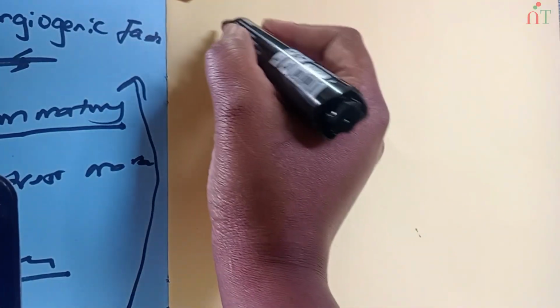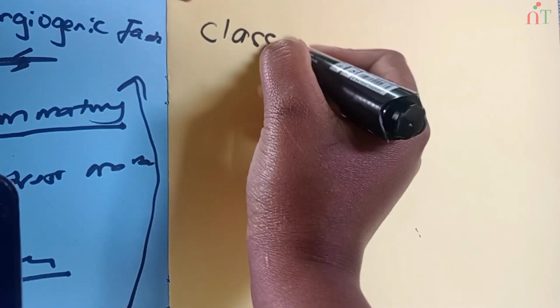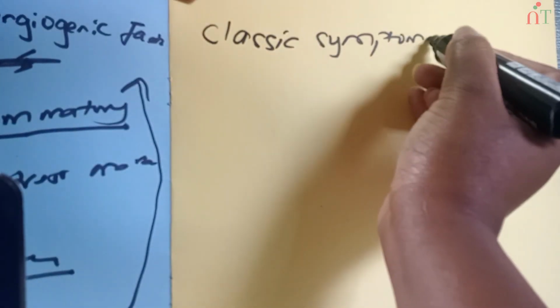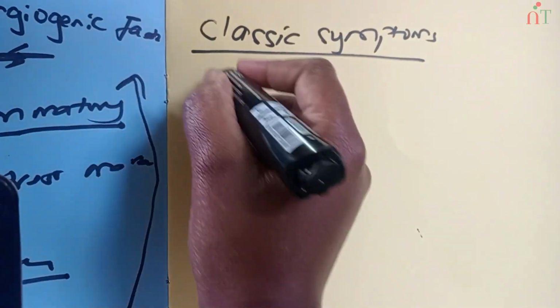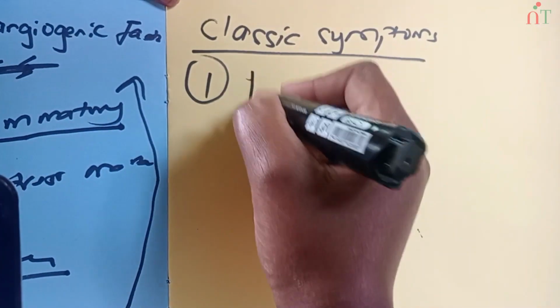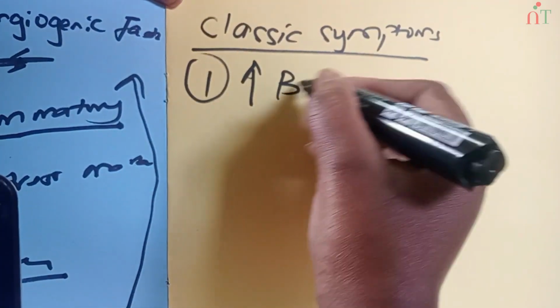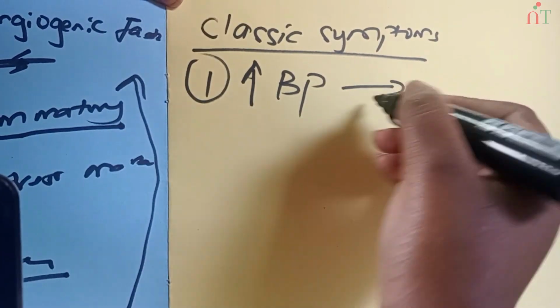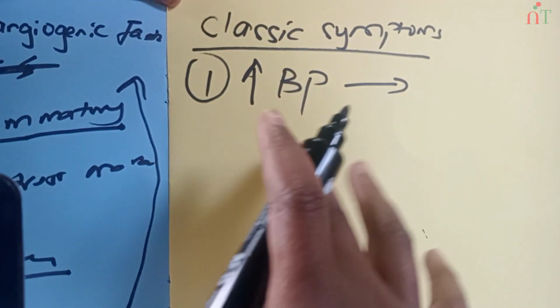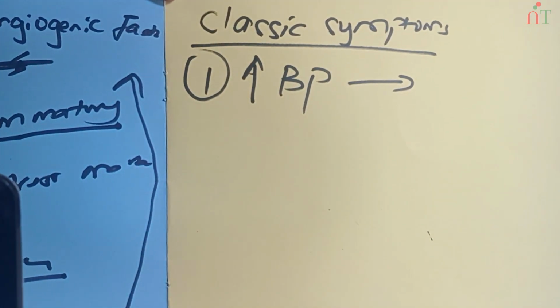Let us start with the classic symptoms, and I know you know one of them. Which one have we talked about? I've already told you one. High blood pressure in a normal tensive patient. So this is a patient who had not been diagnosed before with blood pressure, and I'm not going to explain that one because I already told you.